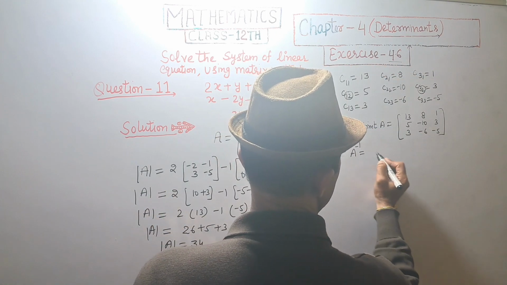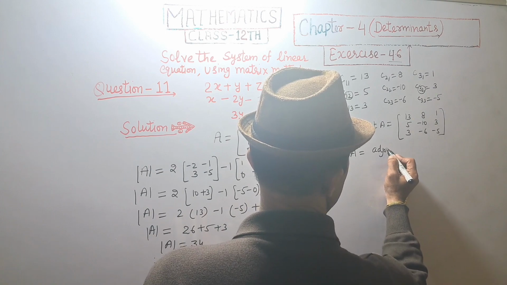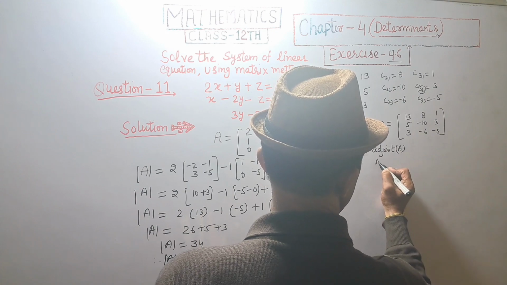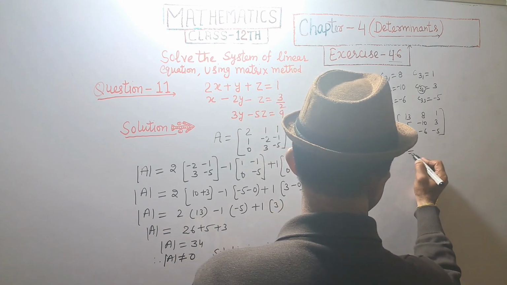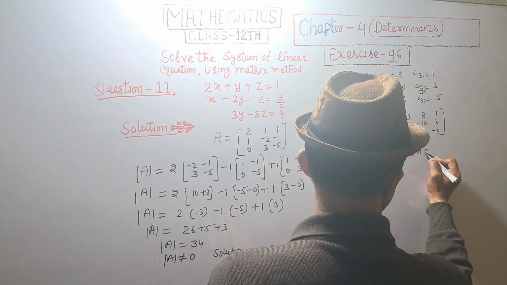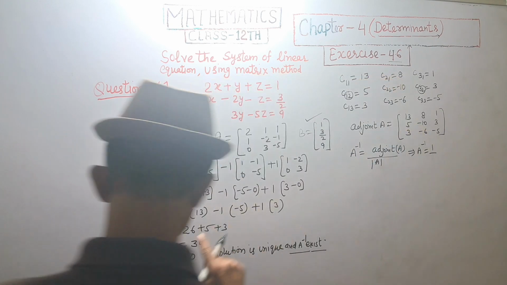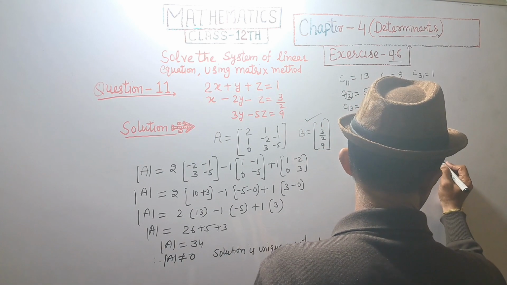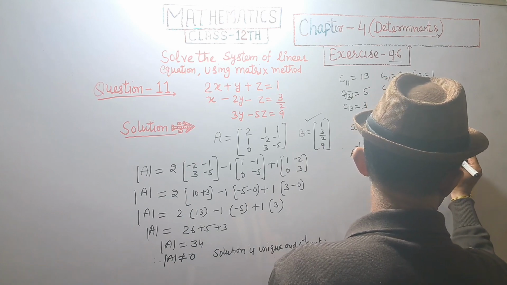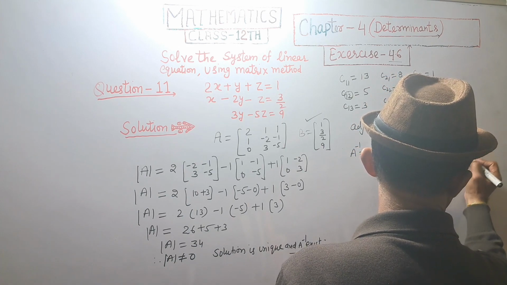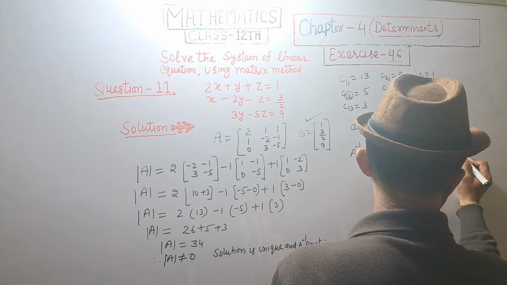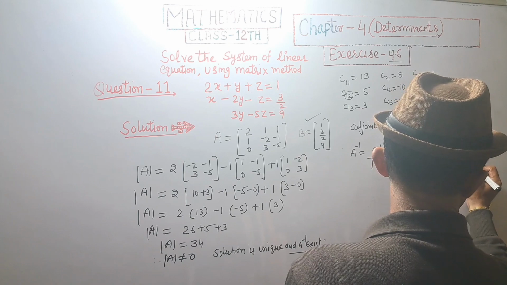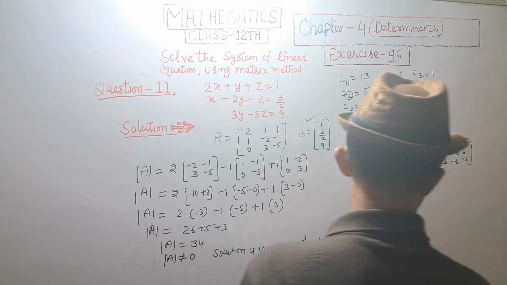A inverse is equal to adjoint A upon determinant of A. This implies A inverse is 1 upon 34 times the matrix 13, 8, 1, 5, minus 10, 3, 3, minus 6, minus 5.